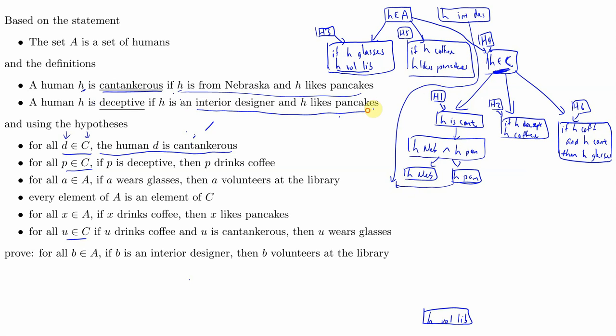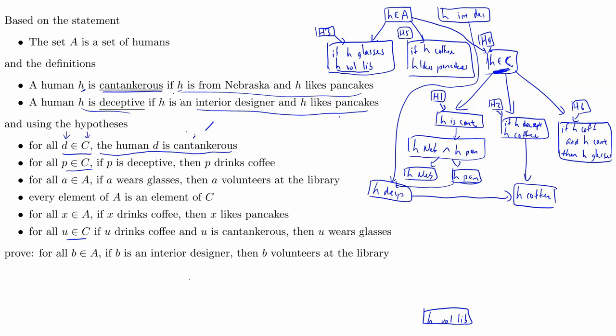This, very much by definition, gives us that H is deceptive. So H deceptive. Get that there. Now that we have H is deceptive, what can we do with that? Well, take a look back here. We had this implication. We can apply modus ponens and get H drinks coffee, again exactly what that text is here.